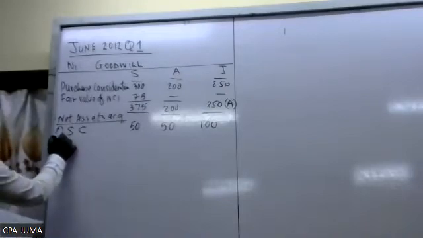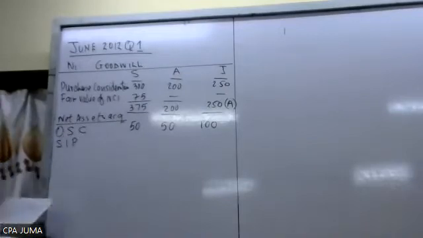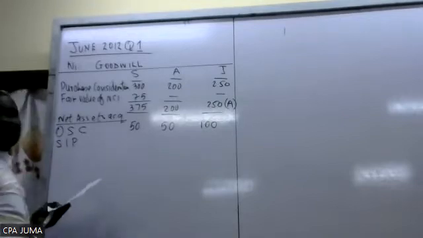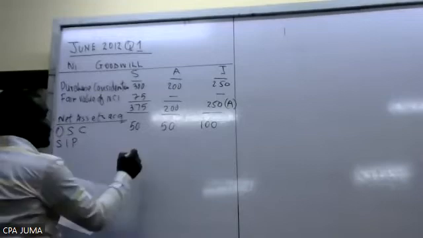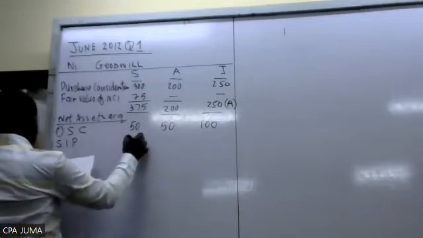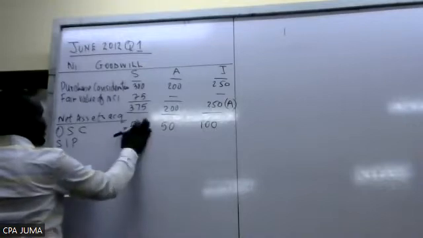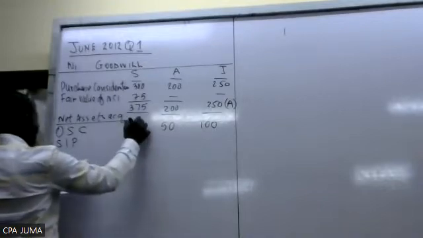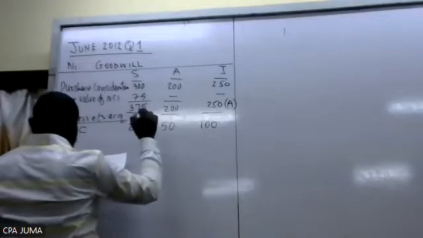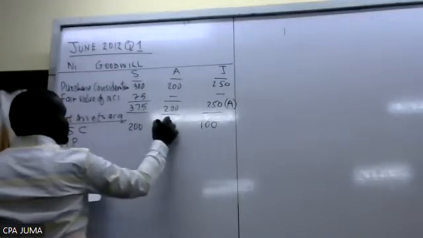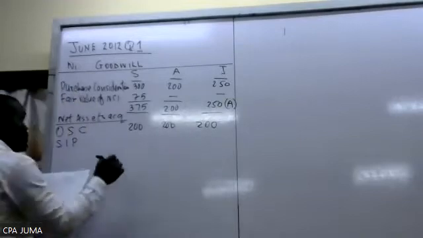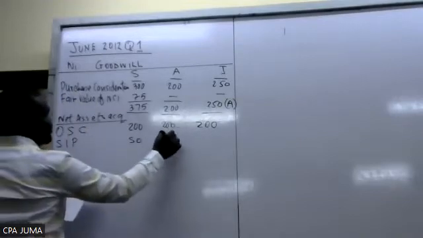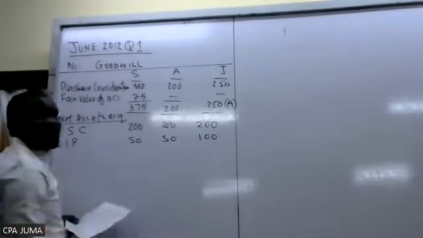Share premium for S, A, J, we have 50-50 across. No, sorry, this is 200, check well. 200 across. Share premium is the one which is 50-50, 100.